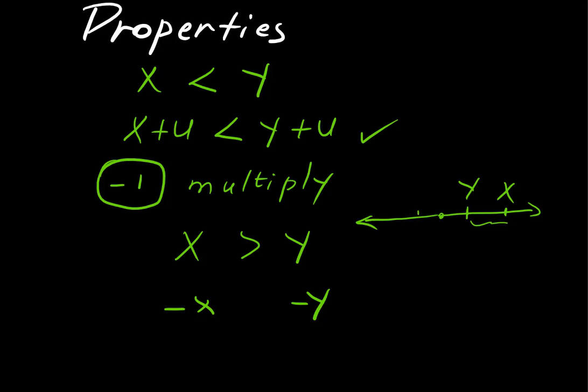So if we come this side, on the negative side, guess what? What do you think of this situation? We have -x here further on the left now. That means -y is greater. So that means -x is less than -y.